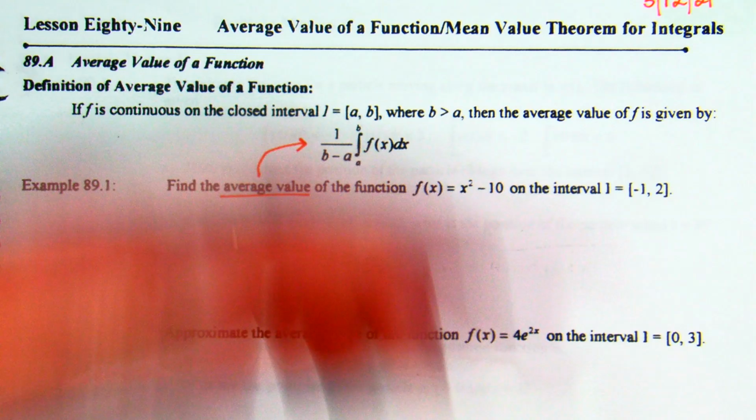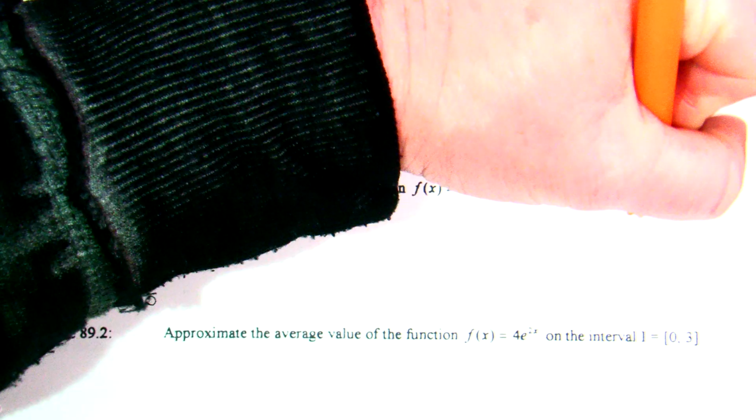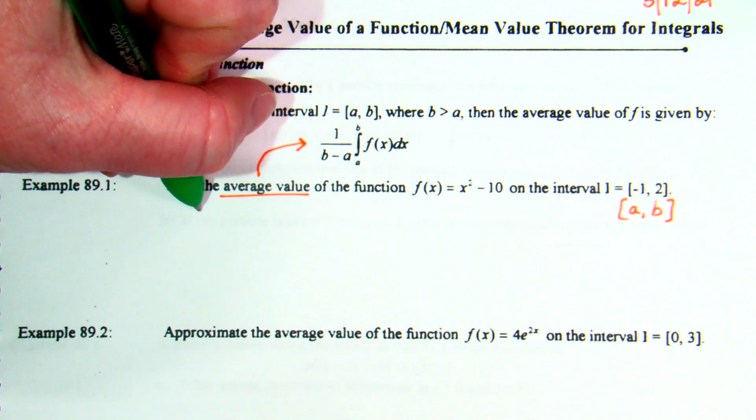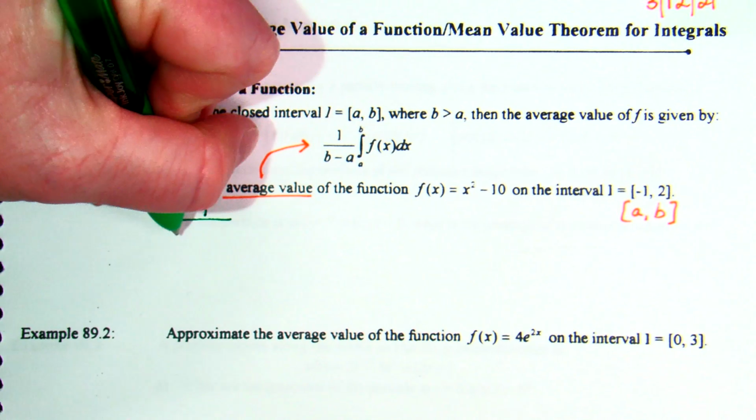They give us our f of x. What are a and b? 2 and -1. Which one's which? 2 is b, because b is the larger one according to the rule. That has to be true because of how we're setting up the integral.